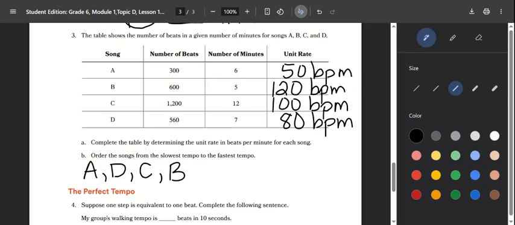Number of ounces, OZ is the abbreviation for ounces, of blueberries, I'll just abbreviate that BB, per muffin.